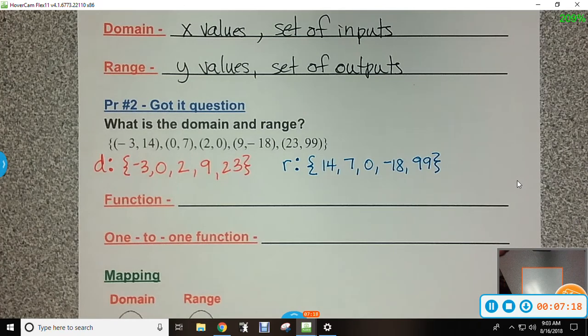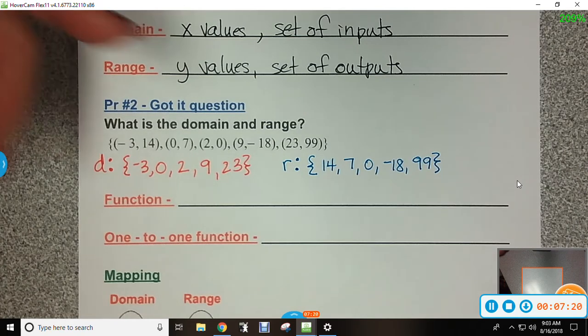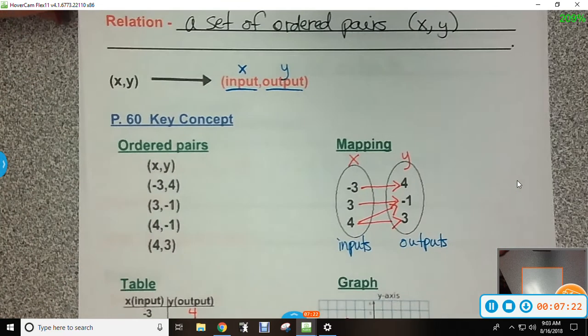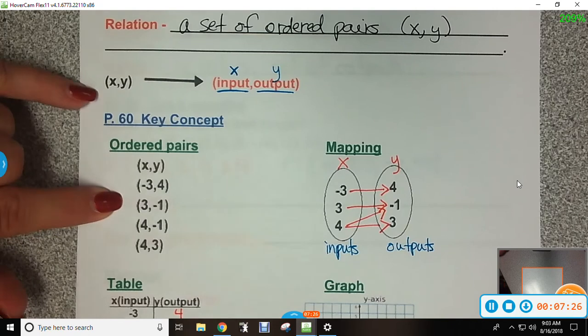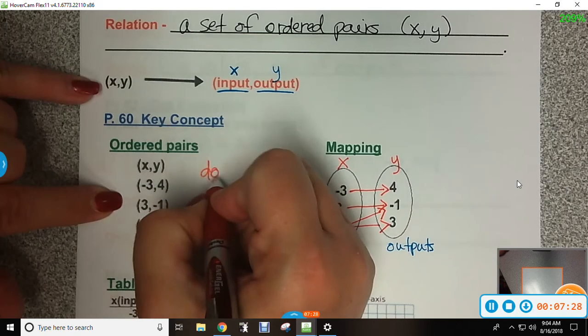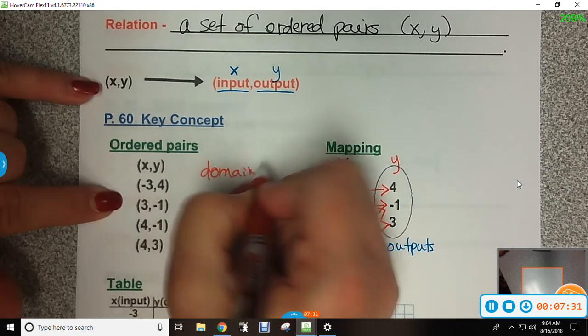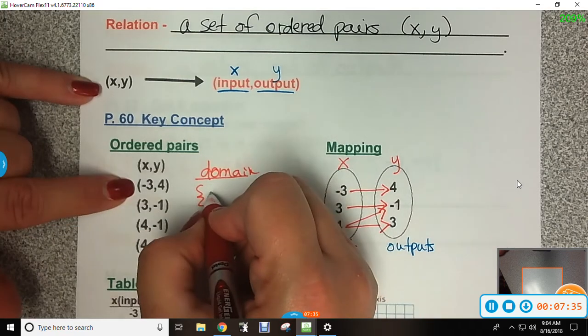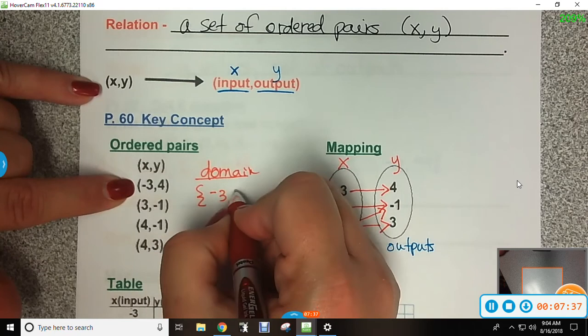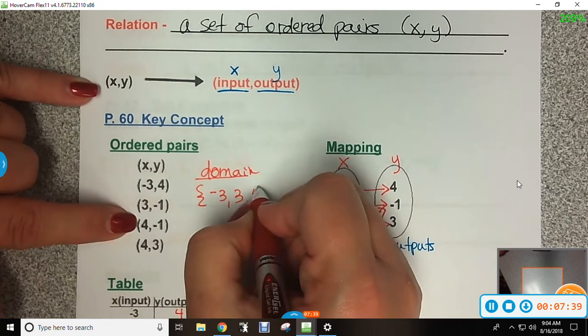Okay, so to talk about that, let's flip back to this page here. If we come back here and I asked you to list the domain, well, your domain would be -3, 3, and 4.